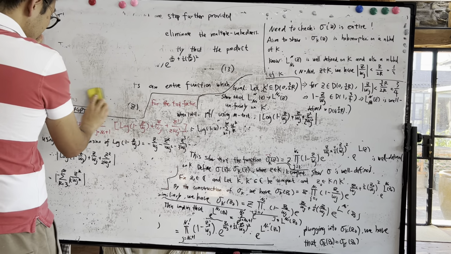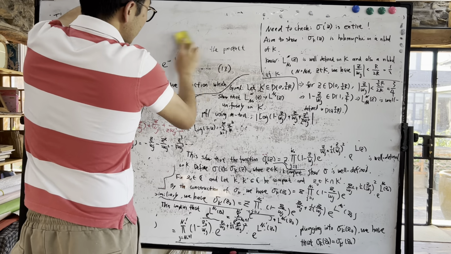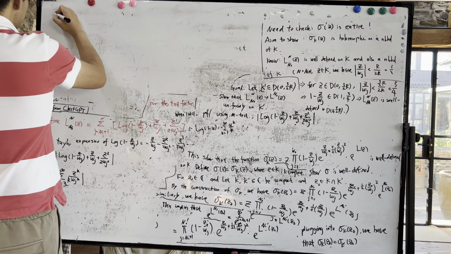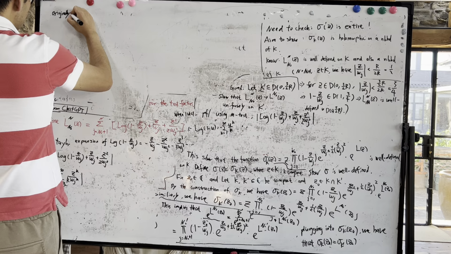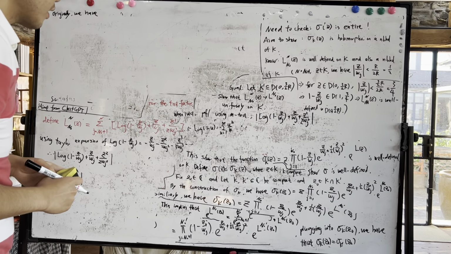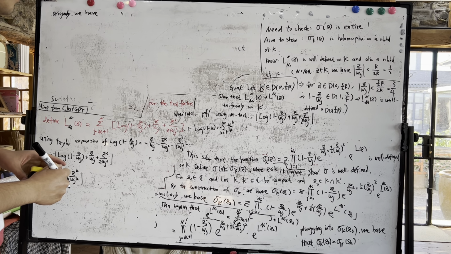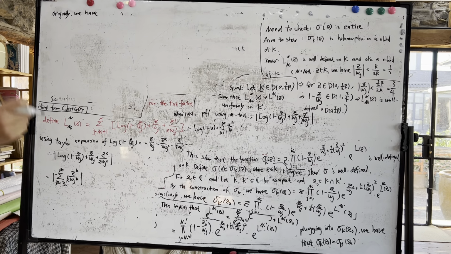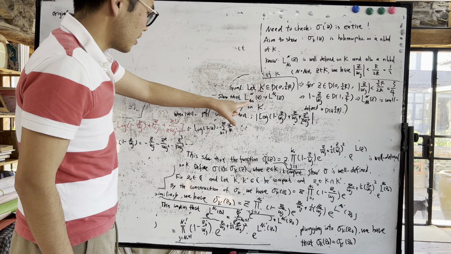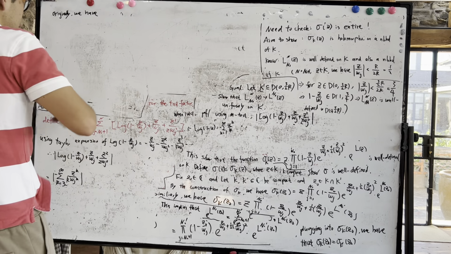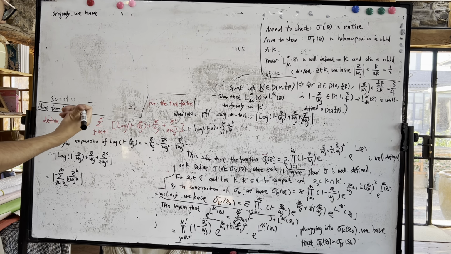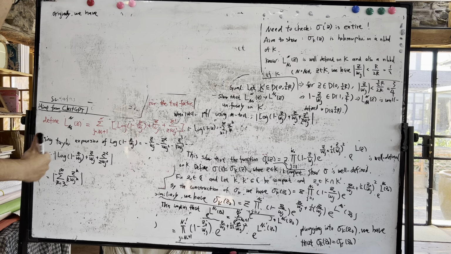Originally, this factor n naught is the index I picked such that for n bigger than n naught, this lattice point omega n lies outside a disk of radius 2r.